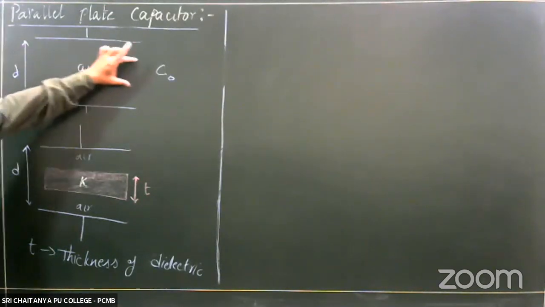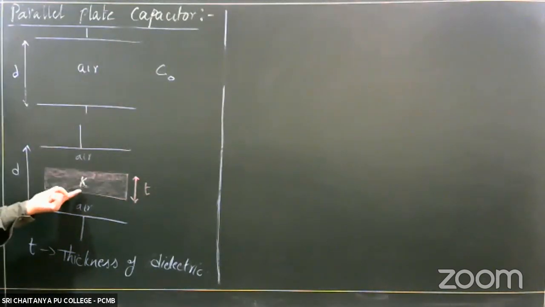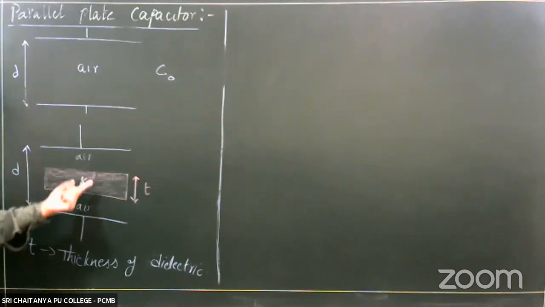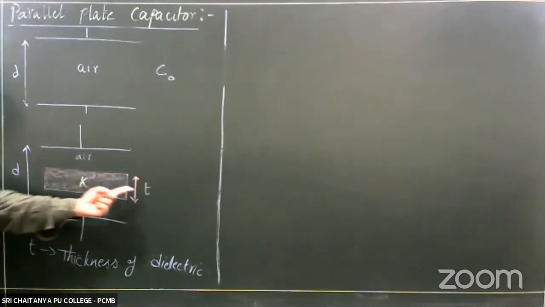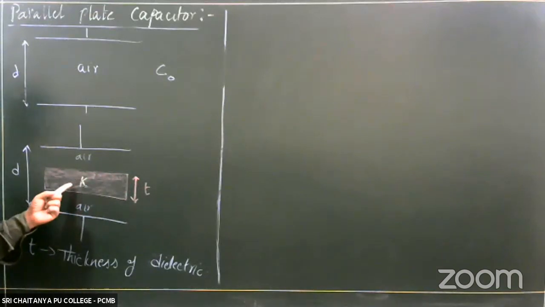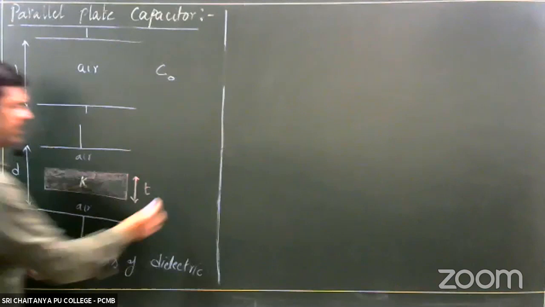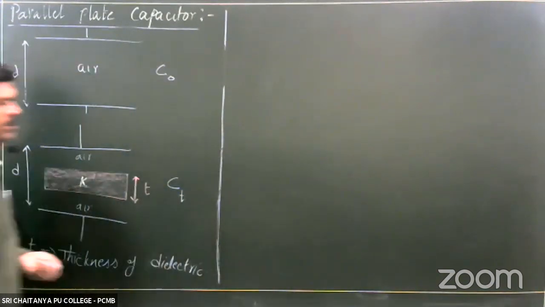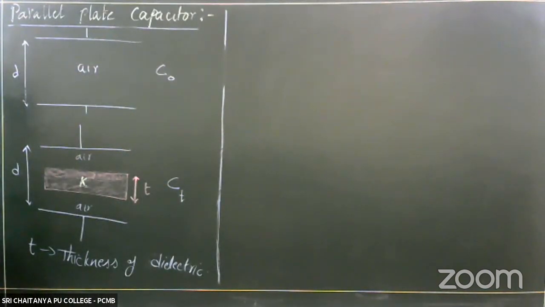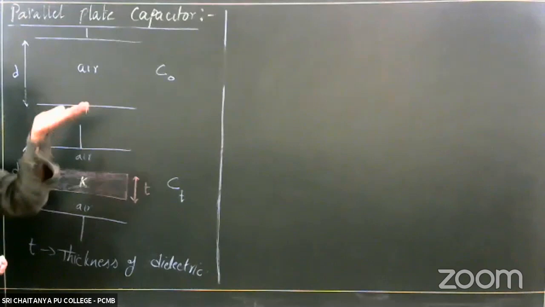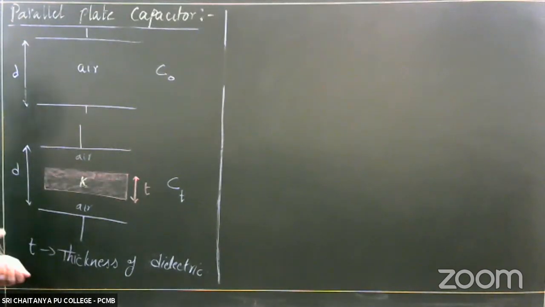In this gap, a dielectric slab is introduced like this, whose thickness is T and whose dielectric constant is K. Then what happens? Capacity changes. Let us say that capacity is Ct. Whenever a dielectric slab is introduced, we know capacity increases.